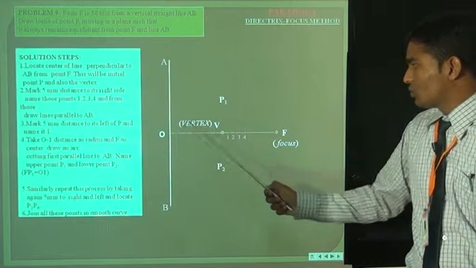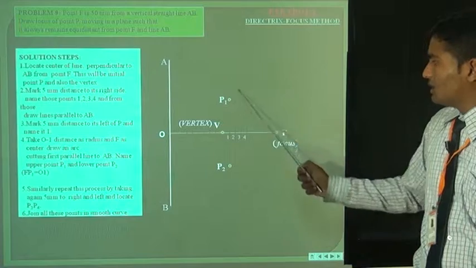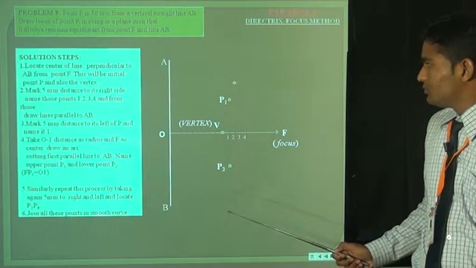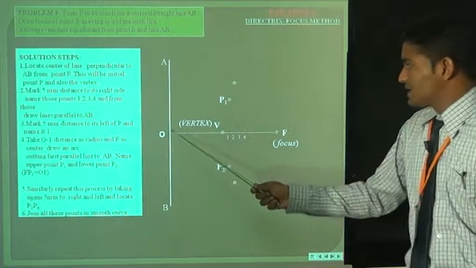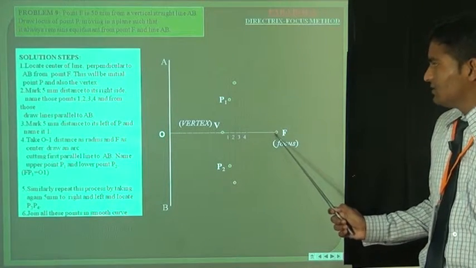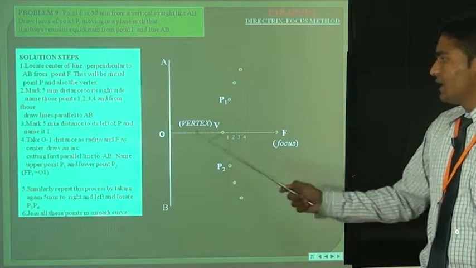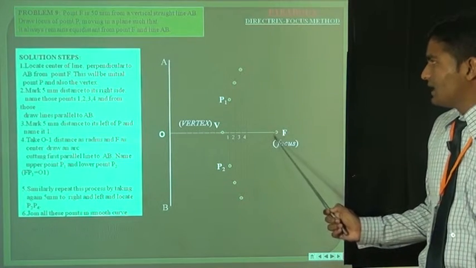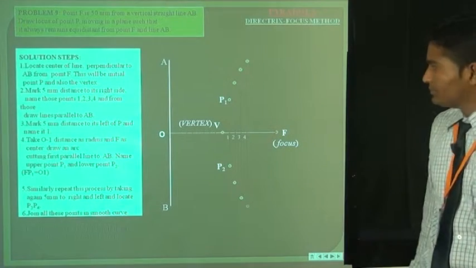So take the distance O to 2 and mark the point on the vertical line which passes through the point 2. Now our next step is take the distance O to 3 and take the center F again and mark on the third line which passes through the point 3, and again take the distance O to 4 and take center F and mark the point on the vertical line which passes through the point 4.